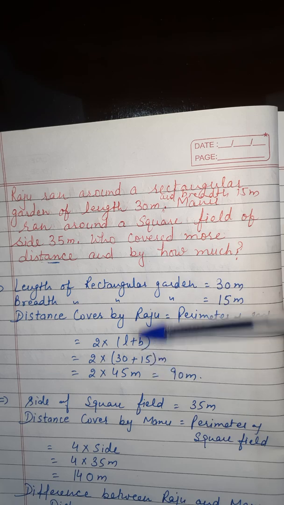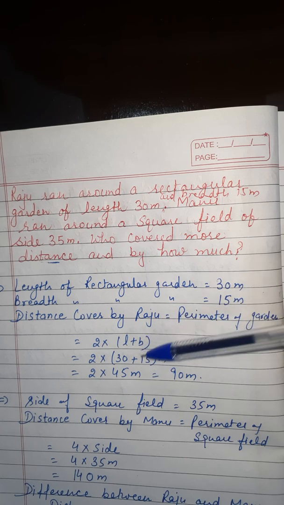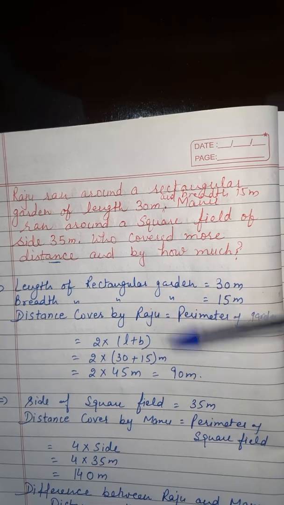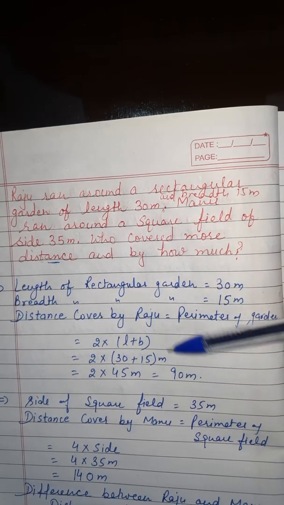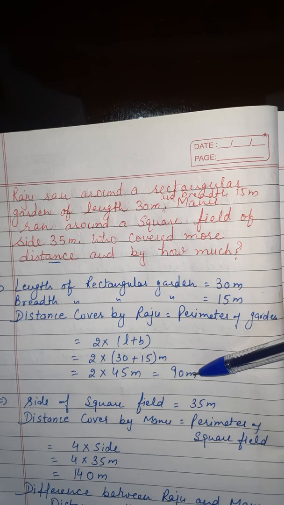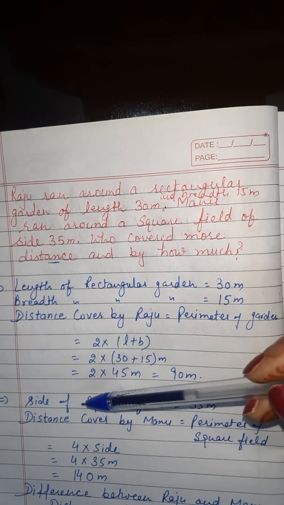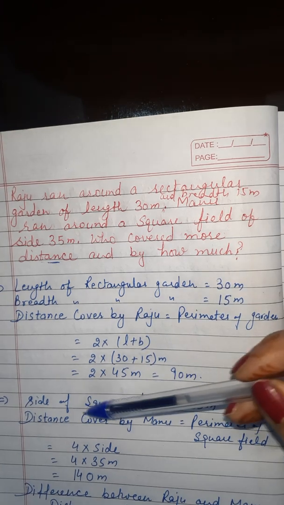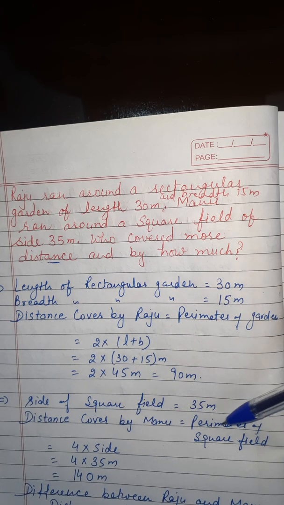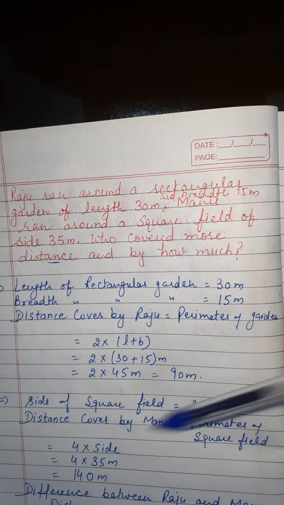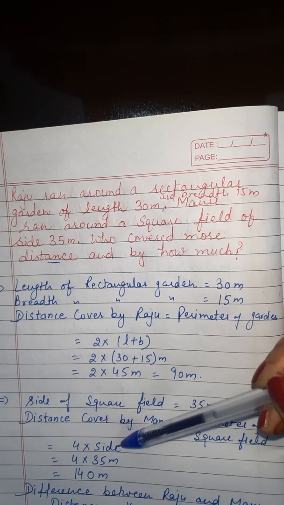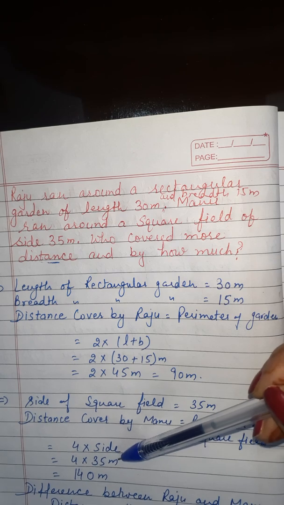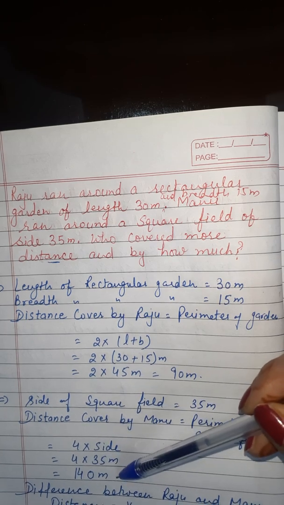Again we put the values of length and breadth in the expression, and it is clear that Raju covered 90 meter. In the second case, the side of the square field is 35 meter and the distance covered by Manu will be the perimeter of the square field, that is 4 multiplied by side. So 4 multiplied by 35 is equal to 140 meter.